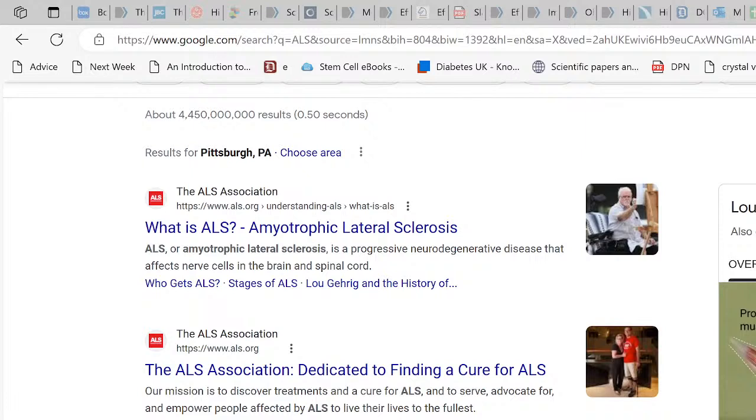Glutamate excitotoxicity is the prevailing mechanism, and it is also used as a diagnostic marker to differentiate it from other neurodegenerative diseases. That is how riluzole was first described, as an inhibitor of glutamate release. It acts on the sodium channels to prevent excessive glutamate release in the presynaptic terminals. So that was its first mechanism of action.